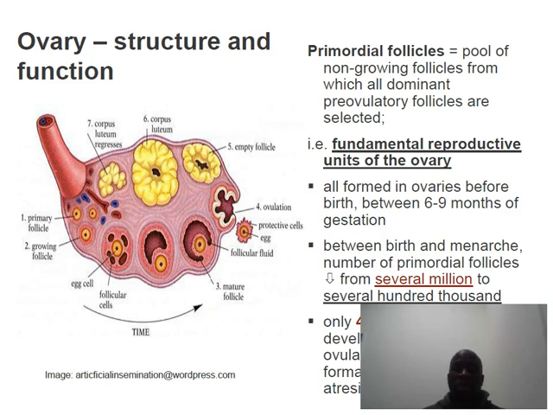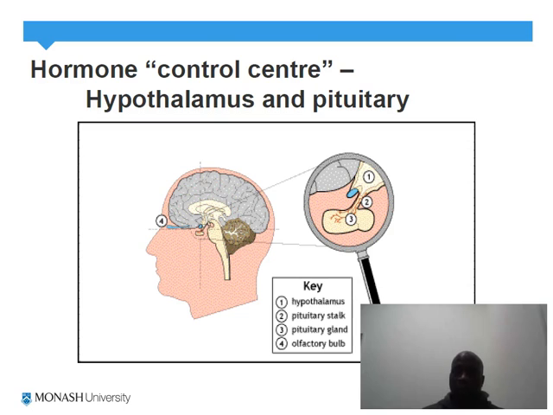So you can see that with time, the number of follicles reduces, and only about 400 follicles will complete development and undergo ovulation and corpus luteum formation, whereas the others will die off by atresia. Basically, they will degenerate and disappear. Okay, so far so good.